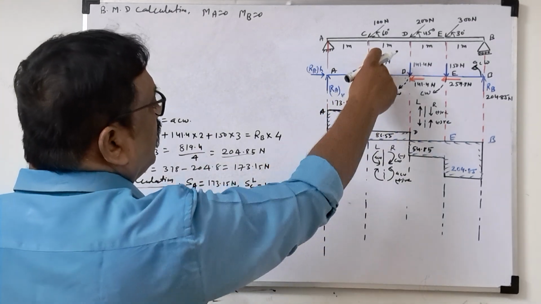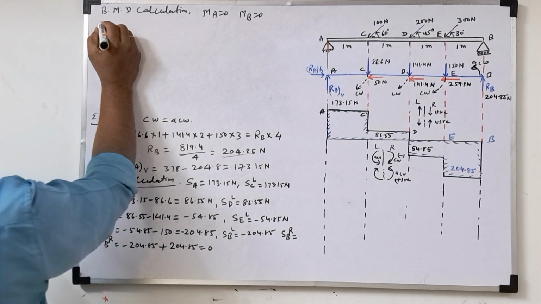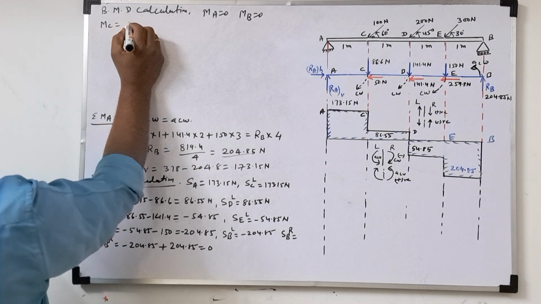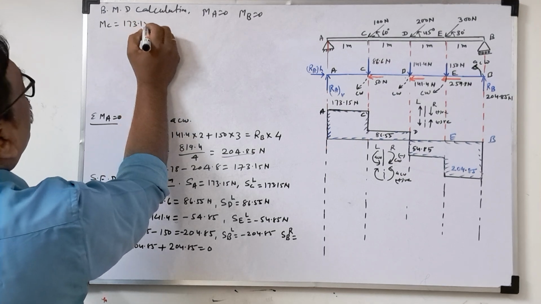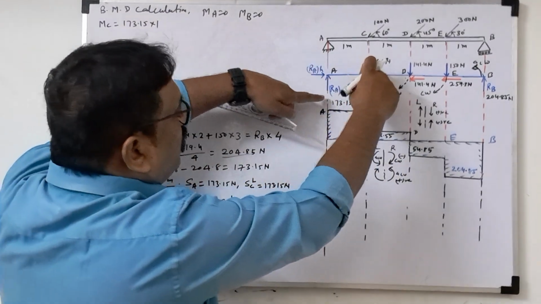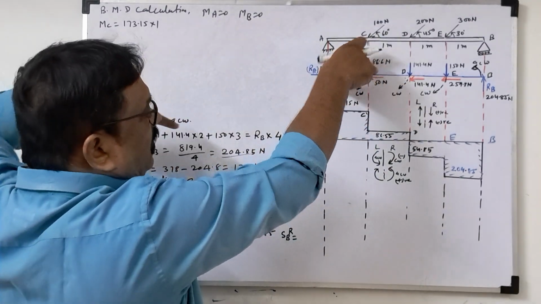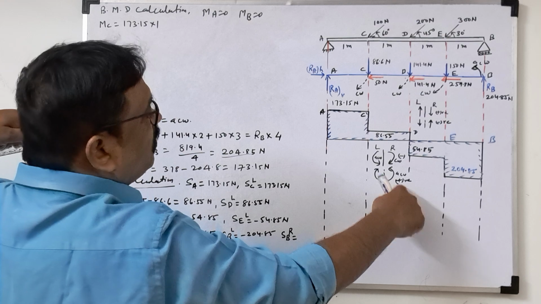So bending moment at C, MC, equals RA into 1. RA is how much? 173.15 into 1, because we are taking moment about C. So what will come here? RA is going clockwise, and clockwise on the left side is positive.